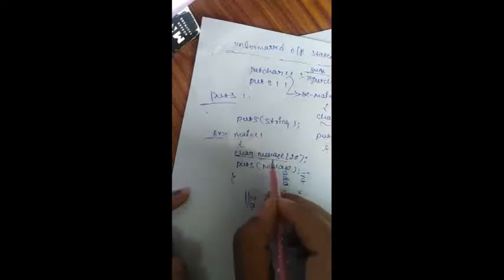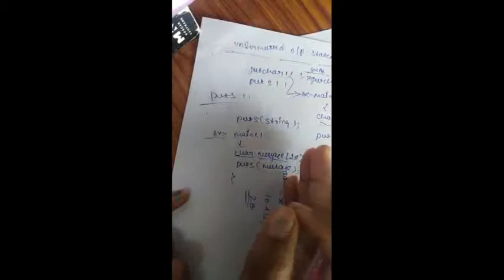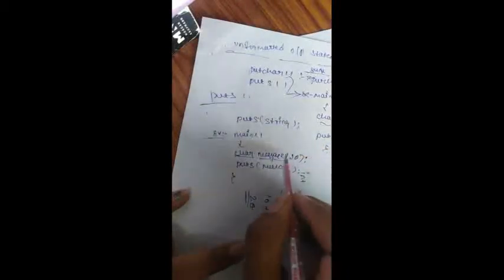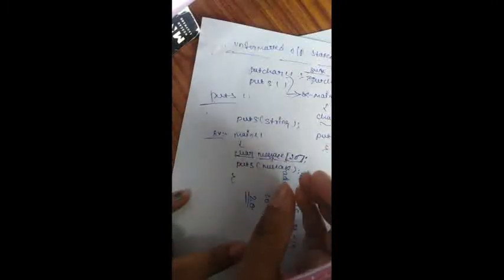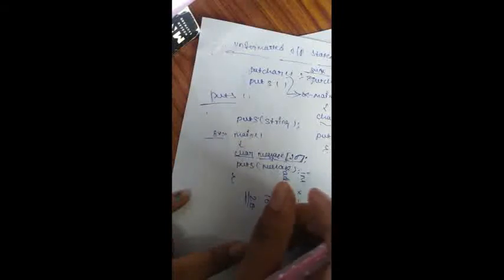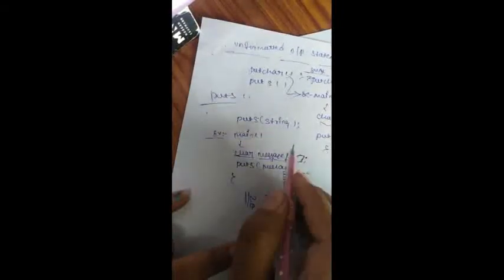What variable have we taken? Message is the variable. The message will have within 20 letters. That's why we use this array of 20. It means we can use within 20 letters or 20 alphabets in this.